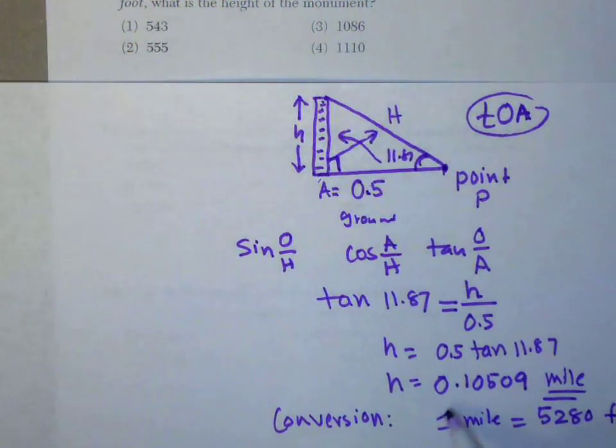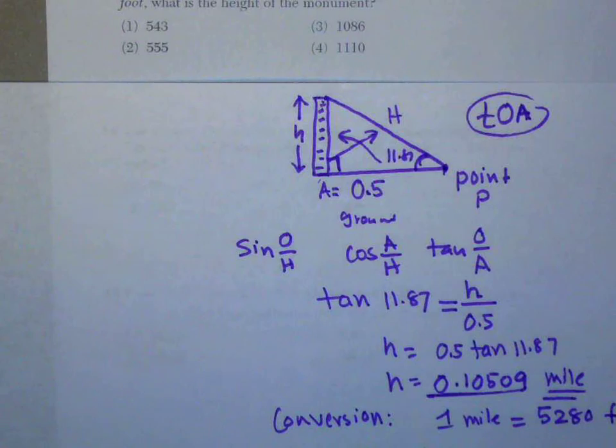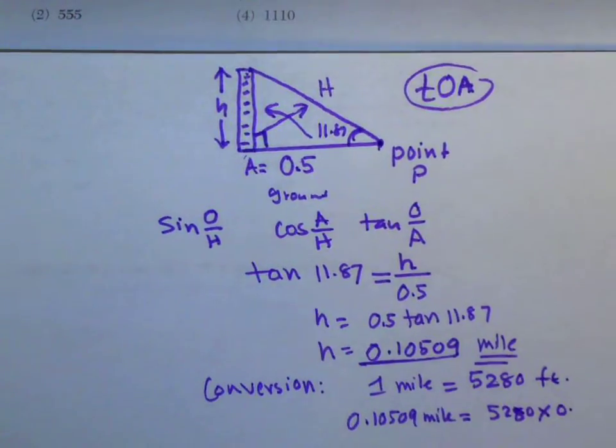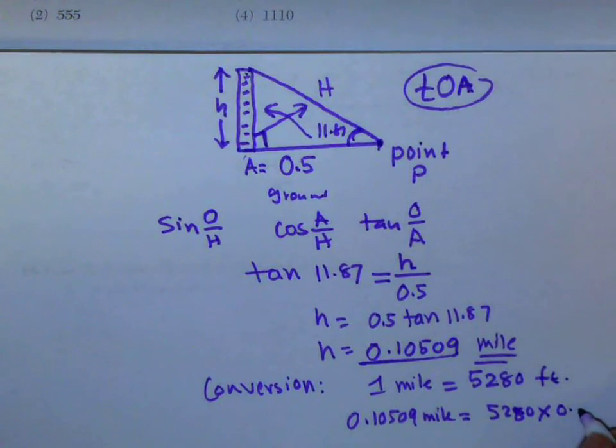So this amount of miles, 0.10509 mile, would be this multiplied by 5,280 times 0.10509.